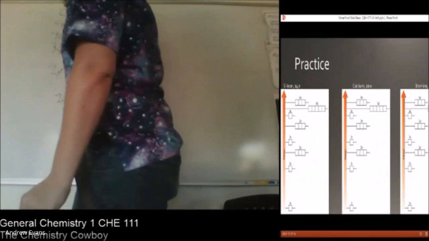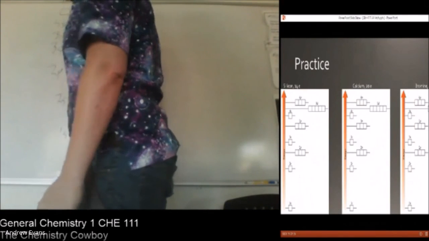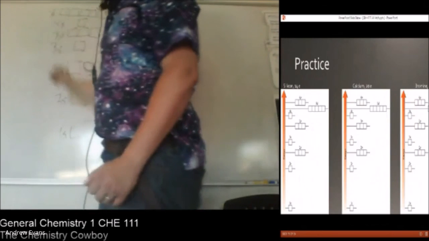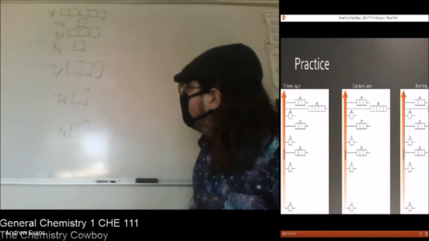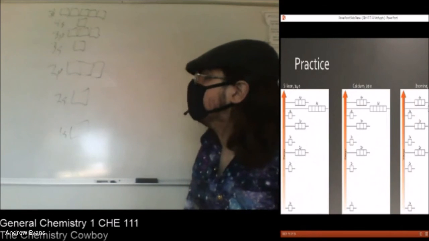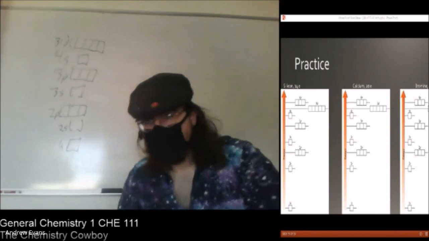I hope I don't have to go any further. Okay, I'm going to use the same one for each one. I won't have to use all of these for silicon, but I might have to use it for bromine.